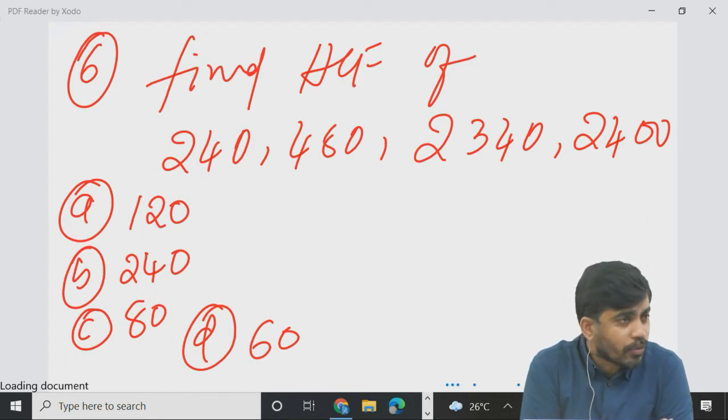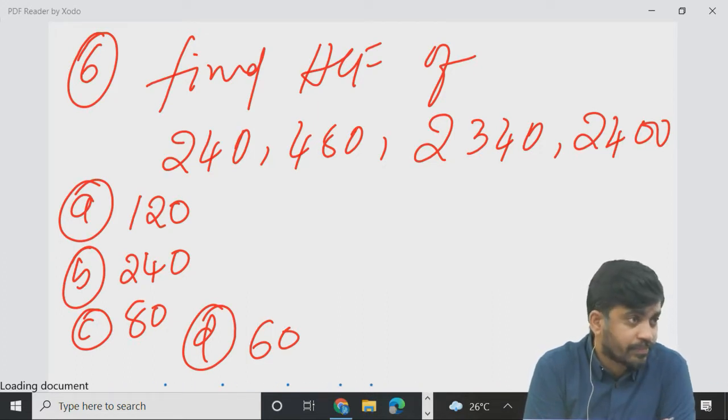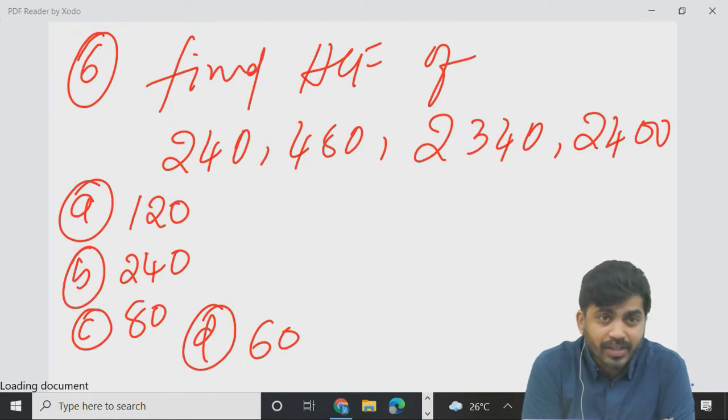When only 2 numbers are given, we will focus on their difference. When more than 2 numbers are given, you will get a lot of differences, but the smallest difference will be our answer. Tell me where we will get the smallest difference.